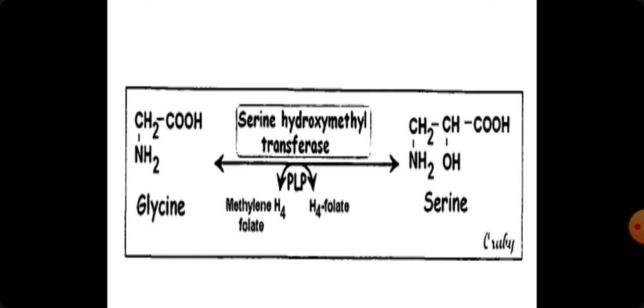The conversion takes a methyl group from methylene tetrahydrofolate, converting it into tetrahydrofolate, and the enzyme is serine hydroxymethyltransferase. This is a very much reversible reaction. So we have already mentioned that it can be given as an example of synthesis of glycine. Glycine is synthesized from serine by the same enzyme in reverse direction, where tetrahydrofolate is converted into methylene tetrahydrofolate and serine is converted into glycine.